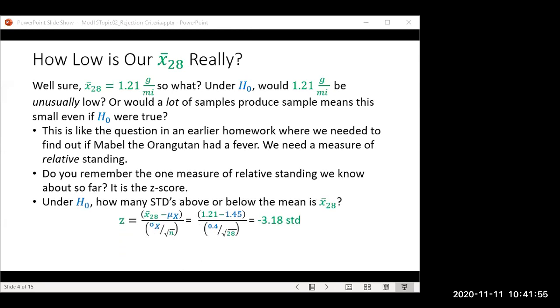If the true mean was 1.45, then the sample mean that we got is 3.18 standard deviations below the mean. So now we know if the null hypothesis was true, then what we saw is pretty far below the mean. Just thinking about that 99.7% rule, you can tell we got something out there on the edge.